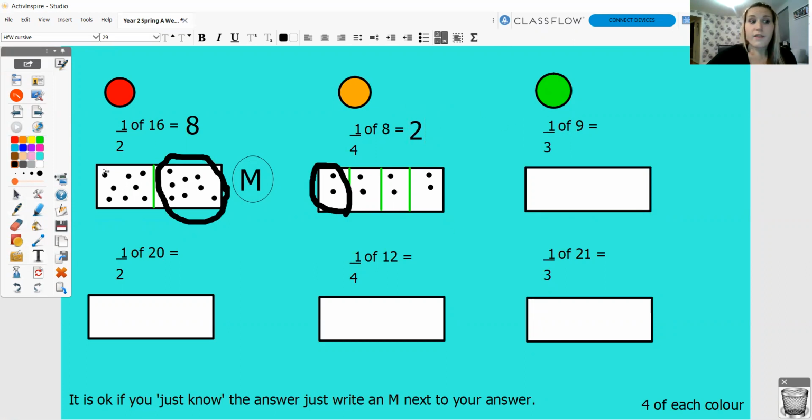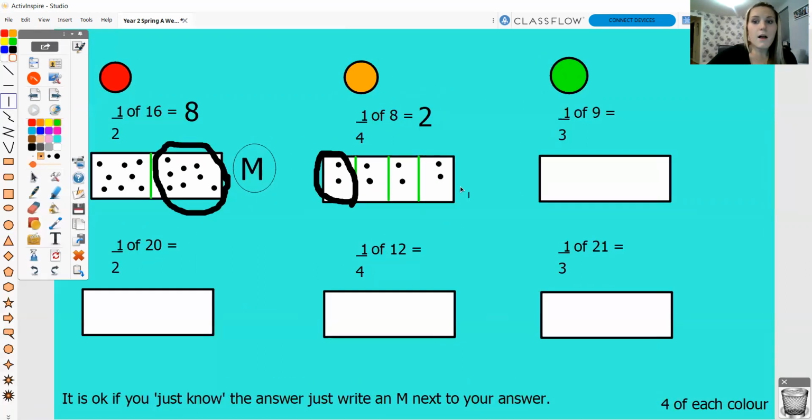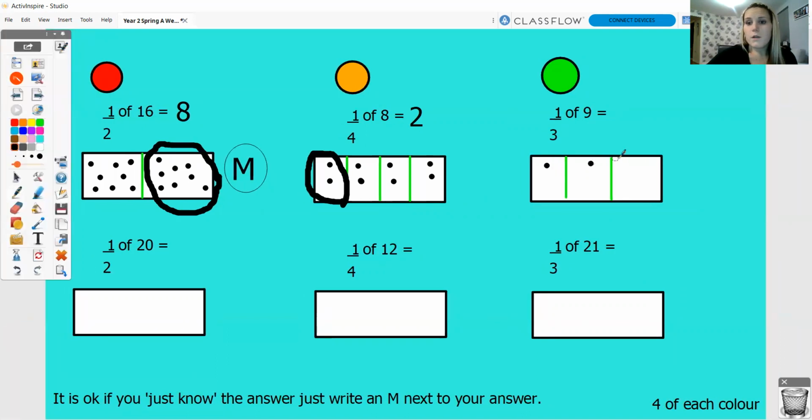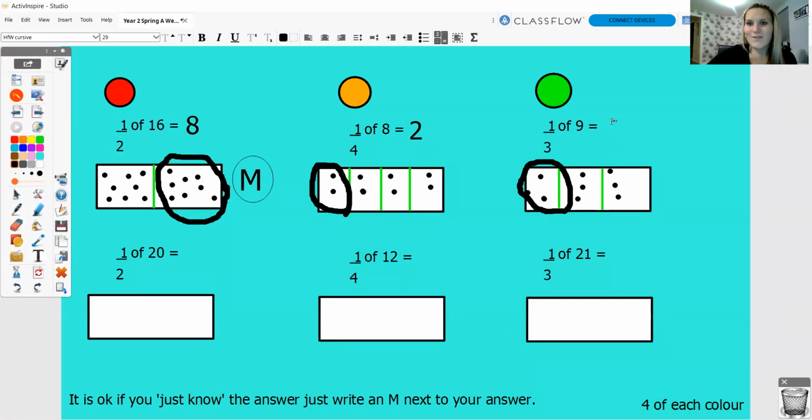Then moving on to thirds, we divide the bar into 3 equal parts and share out the number 9. 1, 2, 3, 4, 5, 6, 7, 8, 9. We count just one of those thirds, and you can see it is 3. So we pop our answer in there.